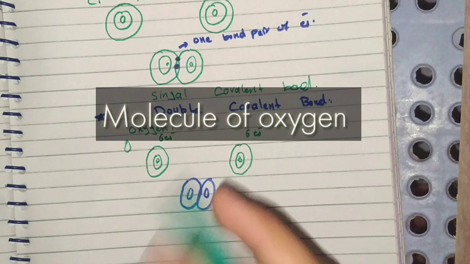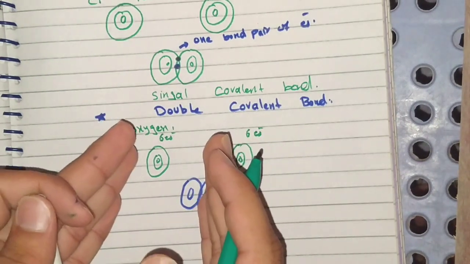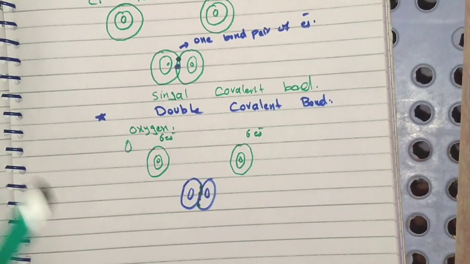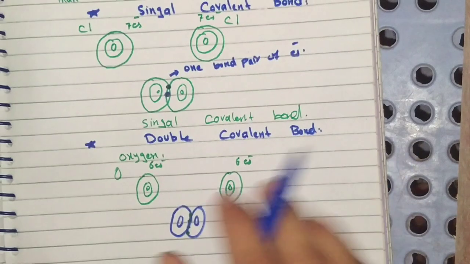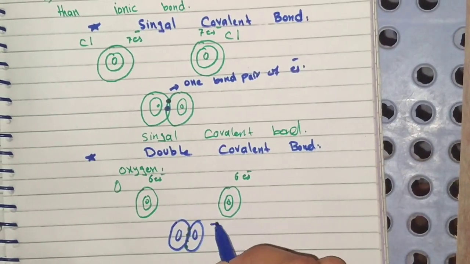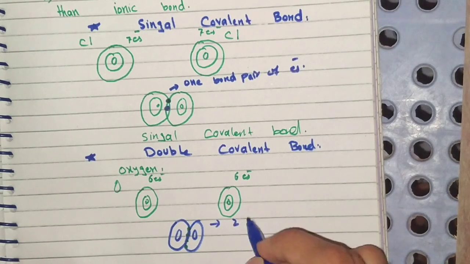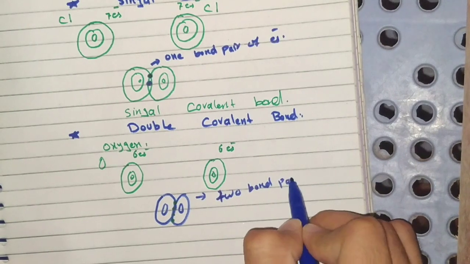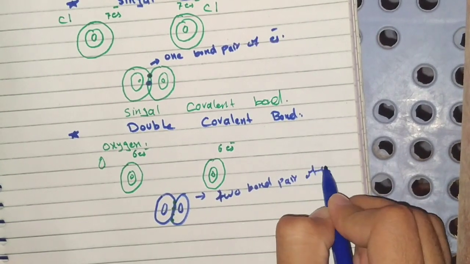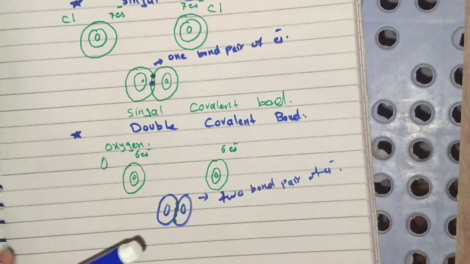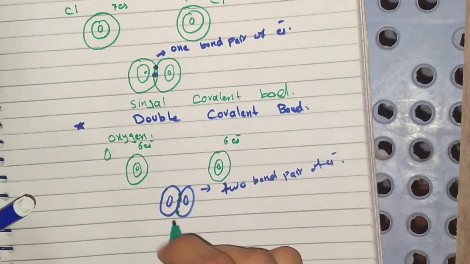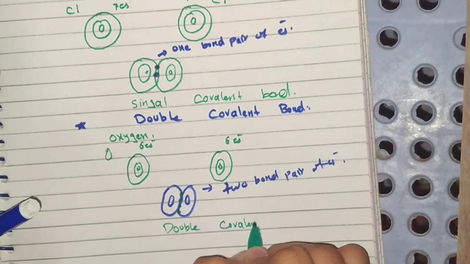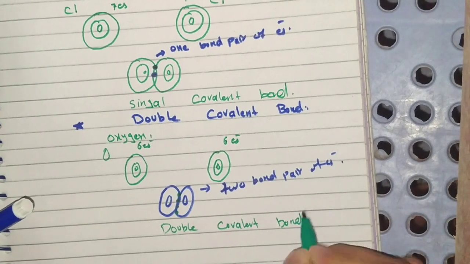So here both require 2 electrons, so they form 2 bond pairs of electrons here. So that's why it is called a double covalent bond.